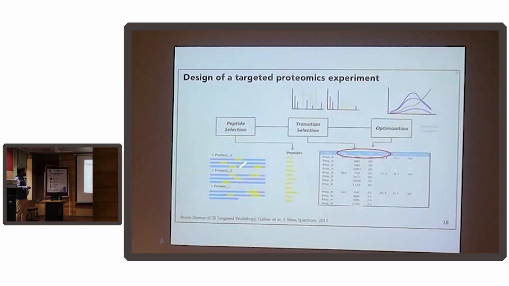So this is primarily from this paper. You can look at it. So when you design a targeted proteomics experiment, you have protein 1, protein 2, and these proteins are not generating peptides from every fragment, right? So you have specific peptides. You select these specific transitions. So look at the yellow colors. These are the transitions from the mass spectra that you are selecting.